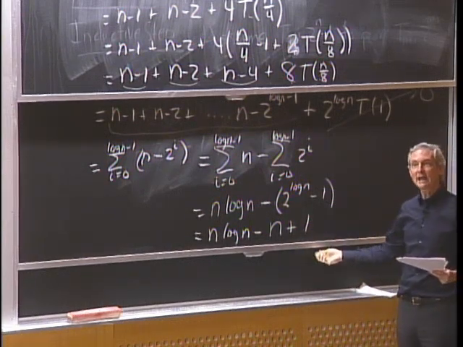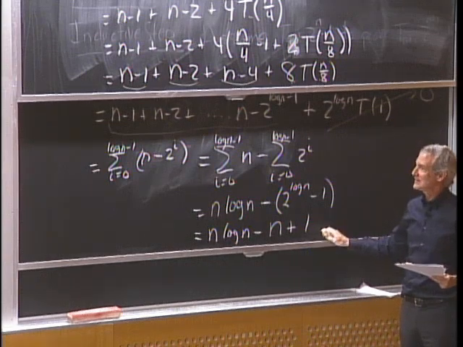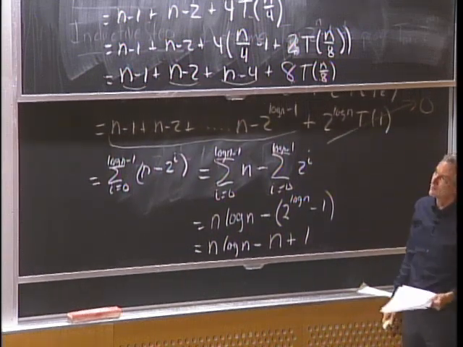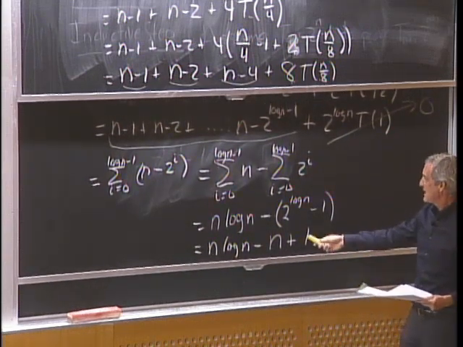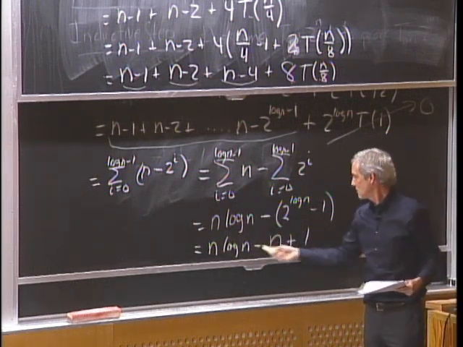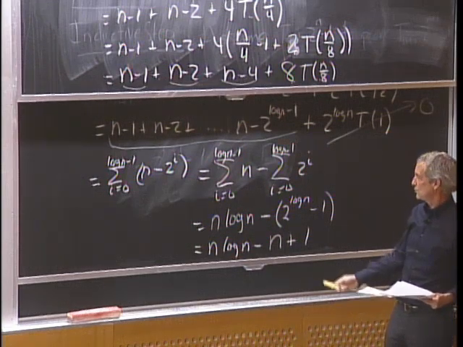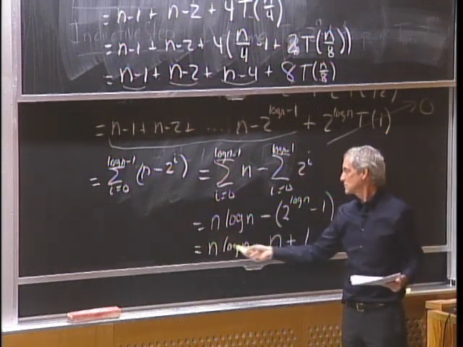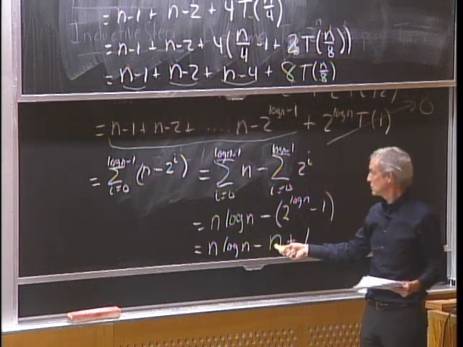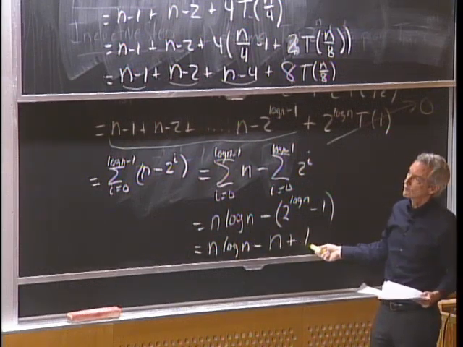Well, we derived an answer. Let's just go back and check some of the values. n equals 1, that's 0, and I get 1 minus 1, it works. n equals 2: 2 log 2 is 2, minus 2 plus 1 works.